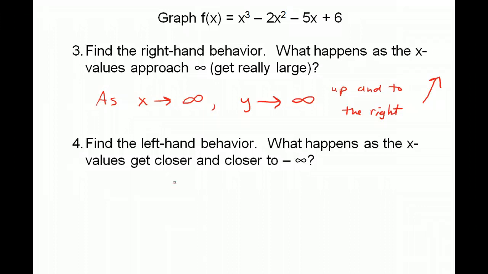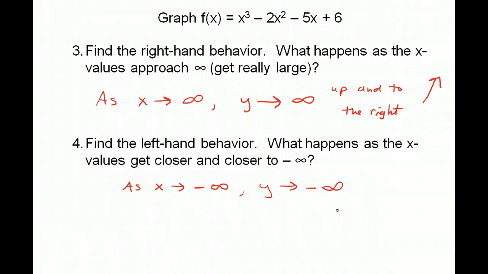Alright, when I look at the left-hand behavior, what I'm asking is what happens as x approaches negative infinity? What if you put like negative 1 million in here? If you cube negative 1 million, you get a very large negative number. So as x gets really large in the negative sense, y also gets very large in the negative sense.